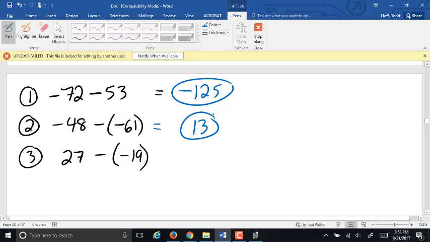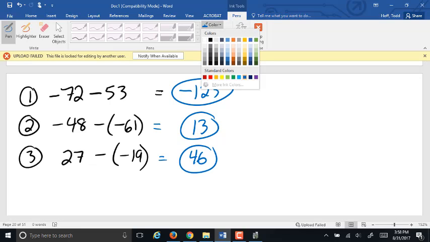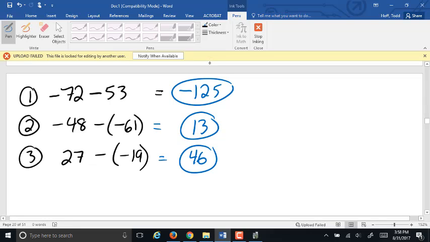Good job. And negative 27 minus a negative 19. Sorry, positive 27 minus a negative 19. 46. Good. Anybody have questions with subtraction? I want to see more examples.